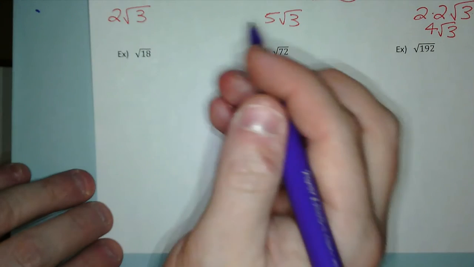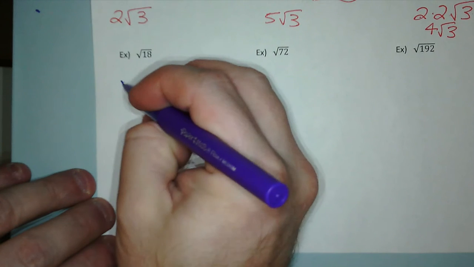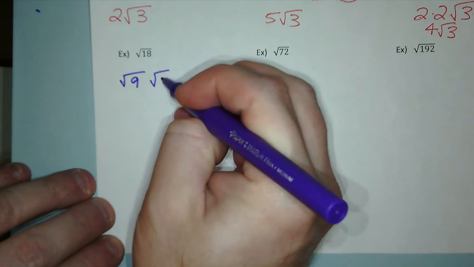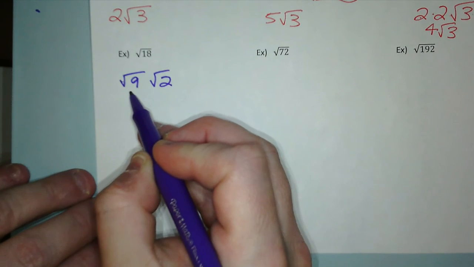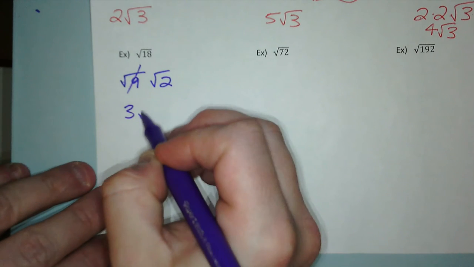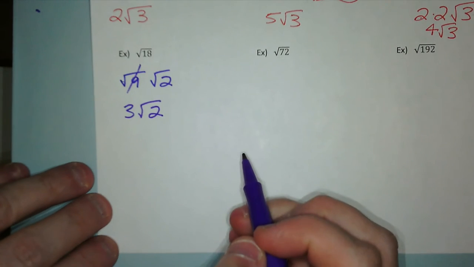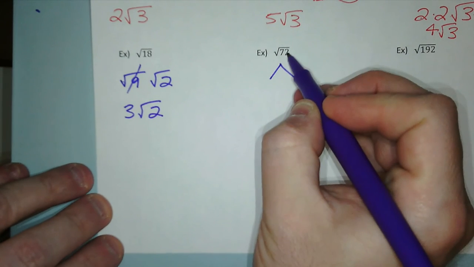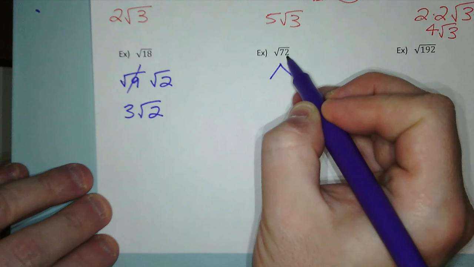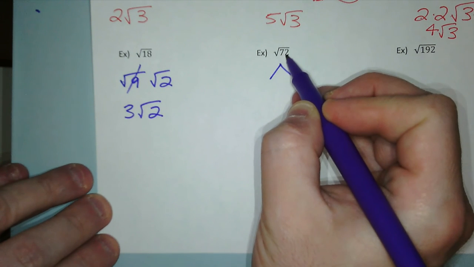Okay. So now hopefully you've unpaused. The way I would do this one is we have a perfect square of 9, which I can just do. So that final answer is 3 root 2. This one, 72. 9. But 9 is not the biggest one, actually.